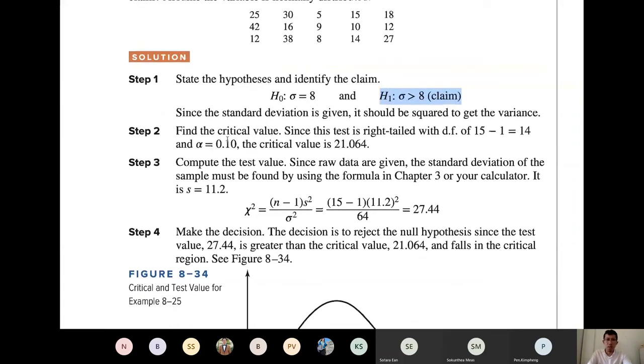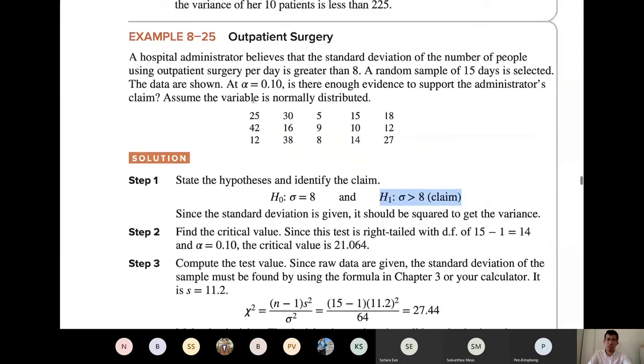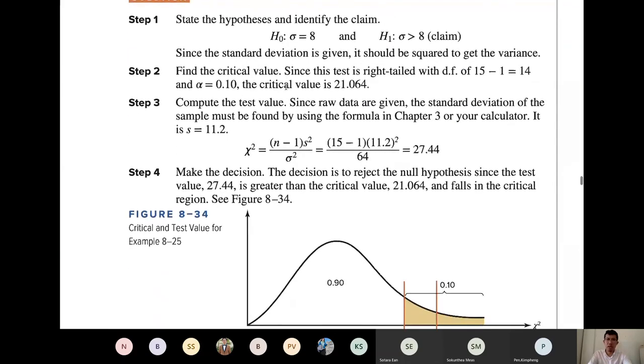First of all, again, we have to compute the critical value corresponding to this significance level. We want a significance level of 0.10, and you also have to specify the degree of freedom.